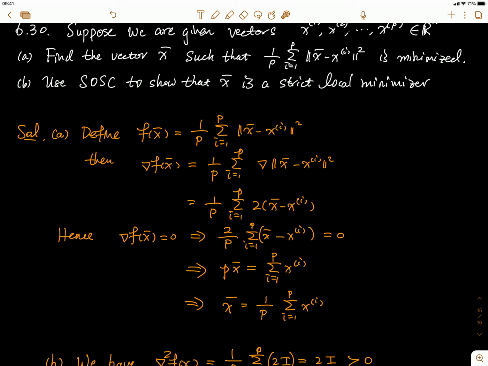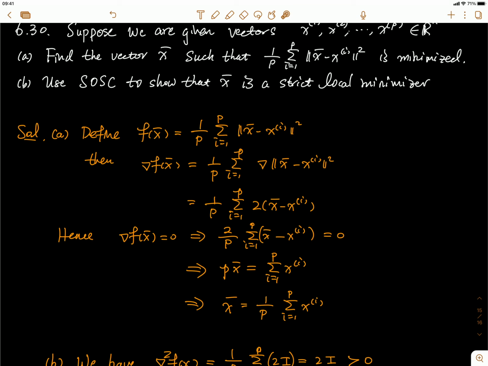Now we can get the gradient of f at x bar and solve for x bar. So we take this and set it to 0. Then you can see that we can break the difference: take the sum of this, and the sum of this, and take the difference of the two. This here gives us just p times x bar, and this gives me the sum of xi's.